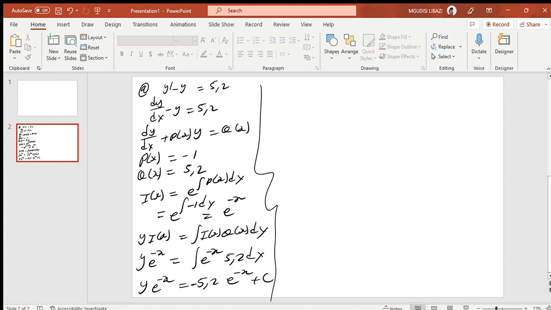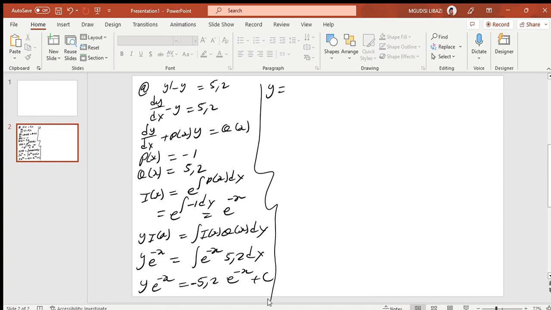So finally, when we divide both sides by e raised to negative x, we get e raised to positive x on the other side, multiplied by c minus 5.2 e raised to negative x. So when we remove the parentheses, y is equal to c multiplied by e raised to x minus 5.2.